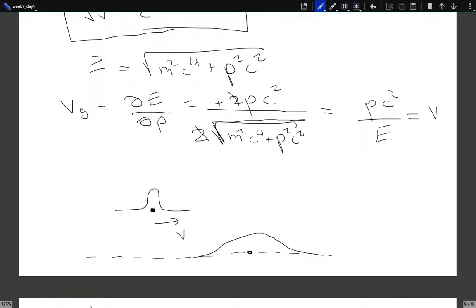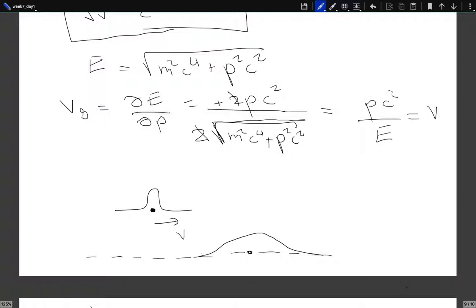At least for the time being, we haven't discussed anything about how this wave actually changes with time. But what we expect is that the wave should be moving with the particle. That is what we wanted to make sure. And the group velocity is fine. So as long as I'm not talking about harmonic waves, the wave will be moving with my particle.